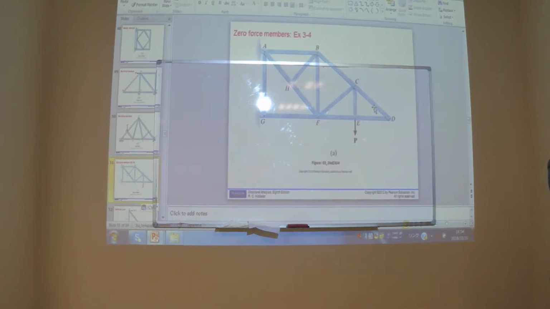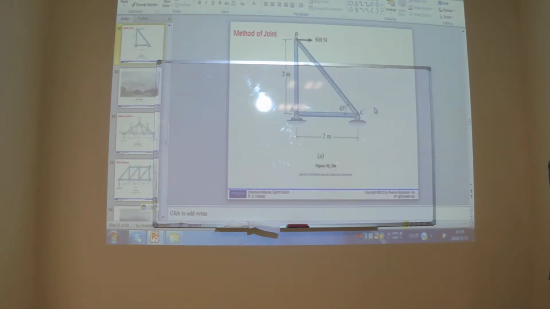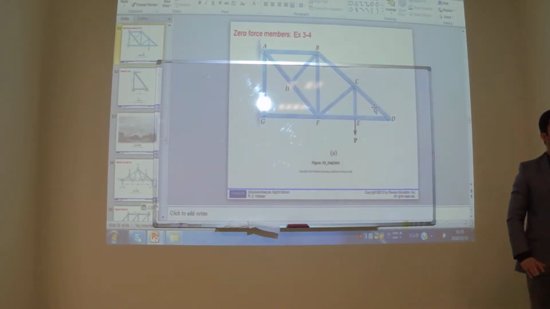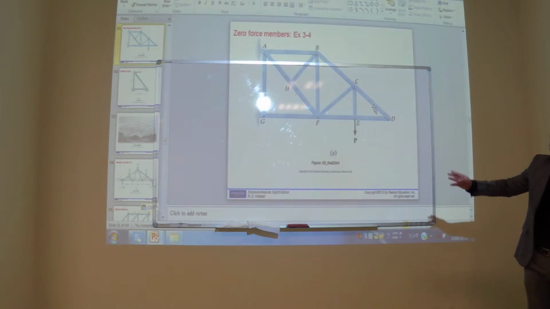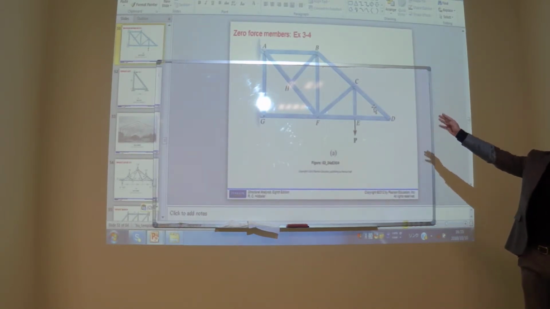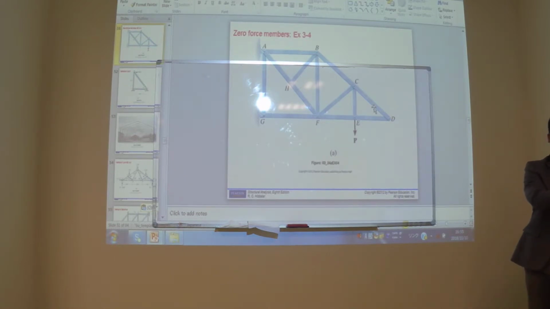For this truss, DN, EF, actually GN, all of them are zero force members. See what I'm saying? I'm not sure about the exact angle. For example, in this case, HB, from here I cannot see it's perpendicular, but from my slide I can see it is perpendicular.